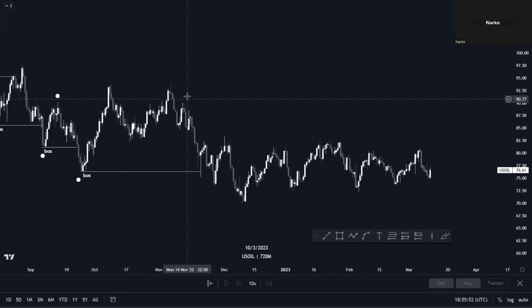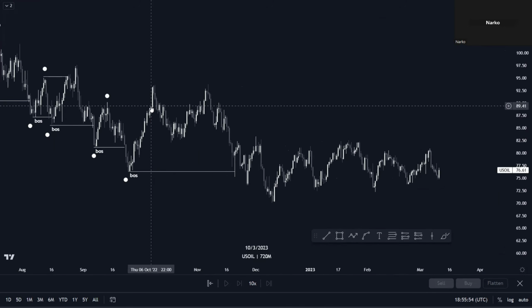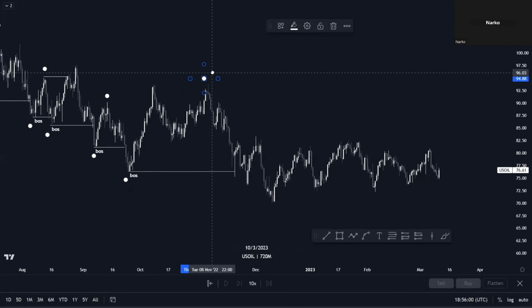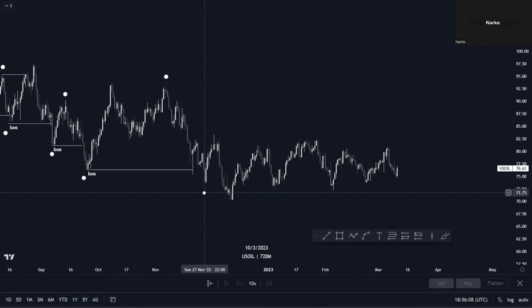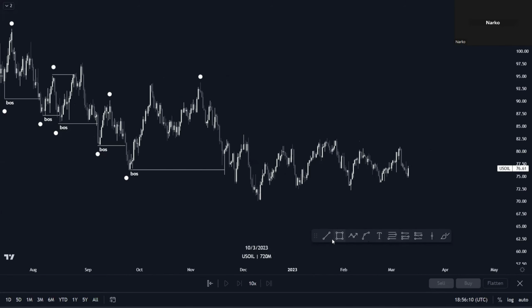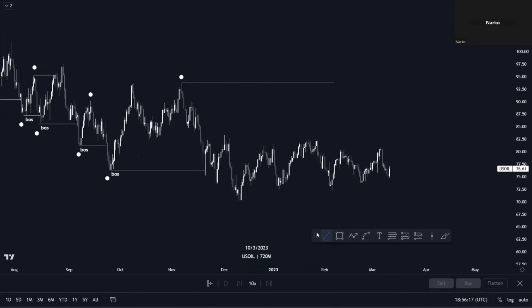Price then onwards respects and creates this high here, and this high manages to violate our previous lower high here. So now we're currently ranging between this high and this low here.